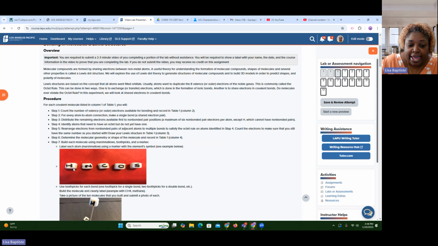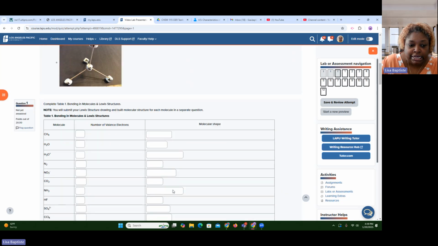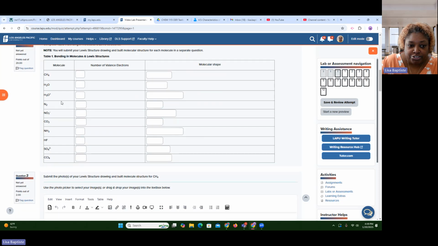For example, H represents hydrogen, which is in 1A or group 1, so it has one valence electron. N is nitrogen. It has 5 valence electrons because it's in group 5. C is carbon. It has 4 valence electrons because it's in group 4. Do that with all the elements that you'll need for this particular chart.